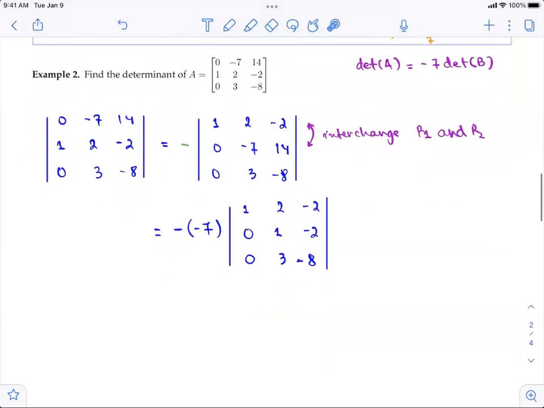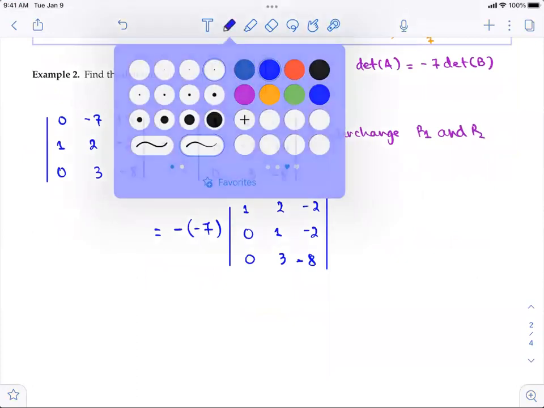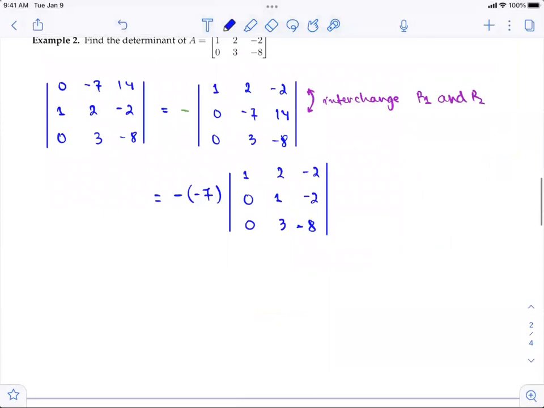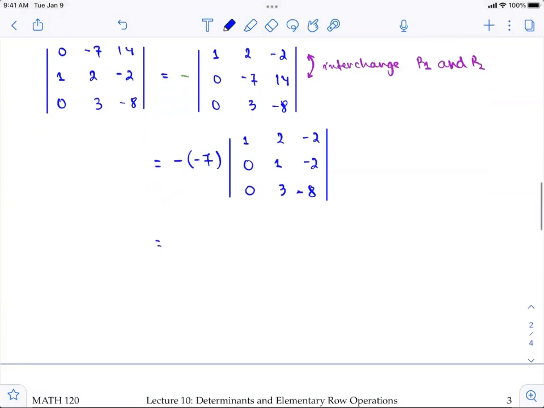Now, the last thing that we're going to do is to add -3 times the second row to the third row to produce a new third row. Right. So this gives me, so negative with -7 is +7, right?